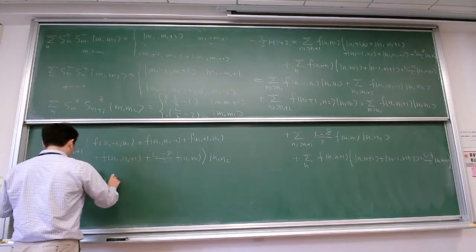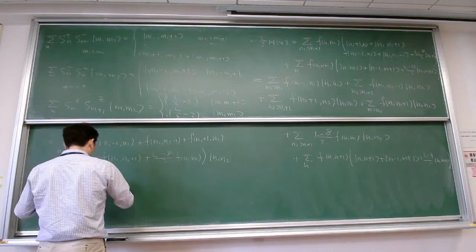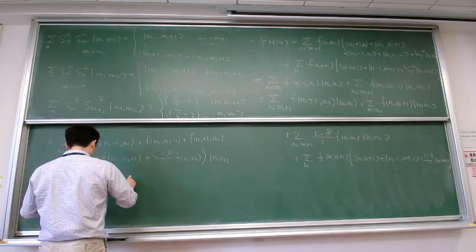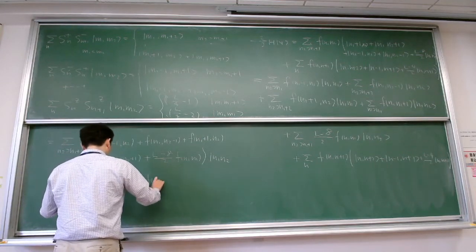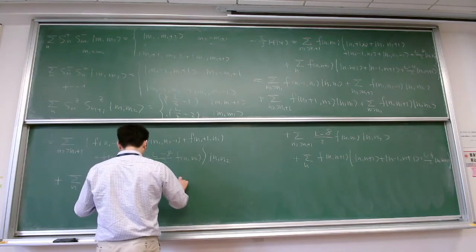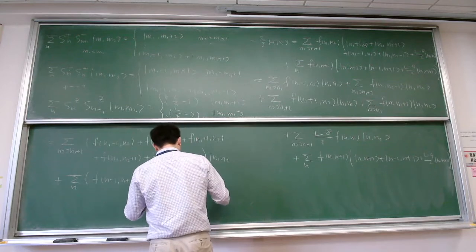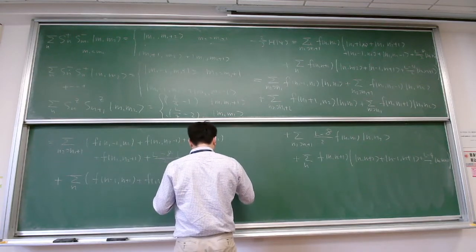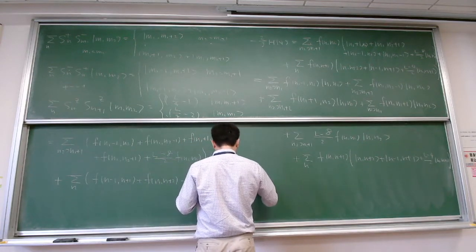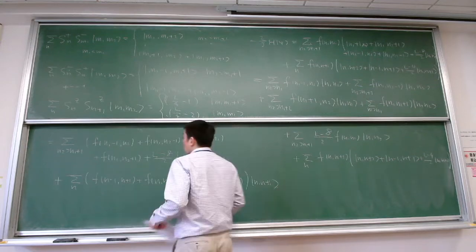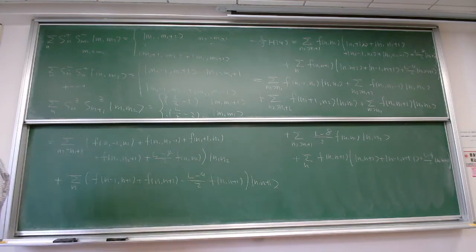f n minus 1 plus n plus 1 plus f n plus 2 minus l minus 4 and 2 f n 1 plus 1. Okay, that's what you get.